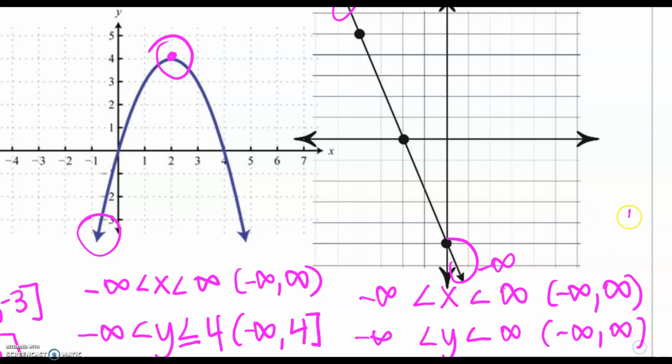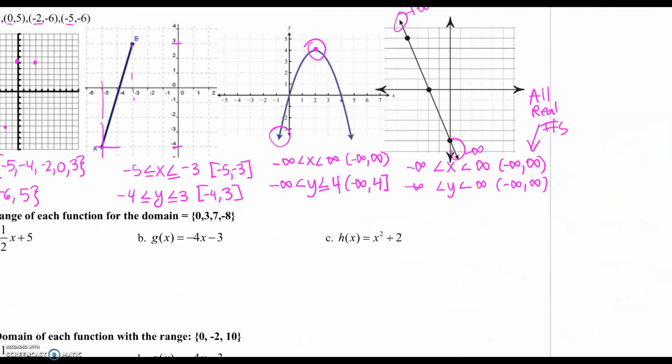So when we have a domain and range like this, we can also say all real numbers. It's another way of saying the same thing. From negative infinity to positive infinity includes all the numbers.